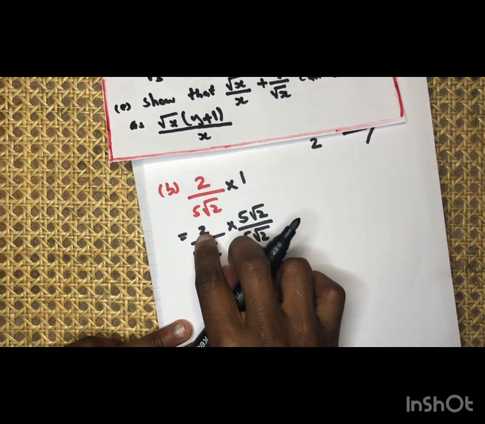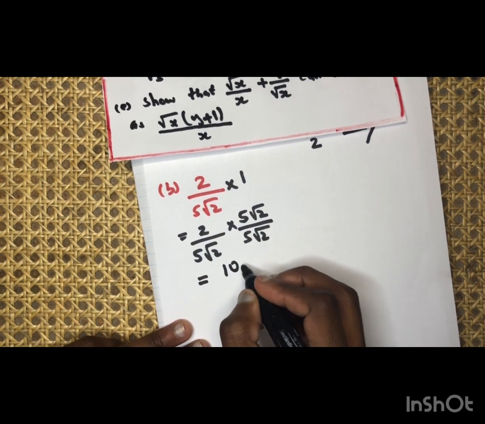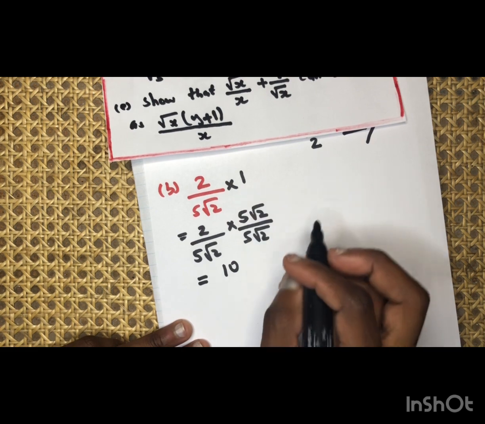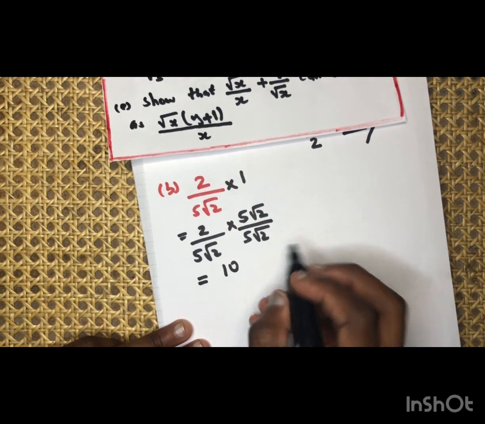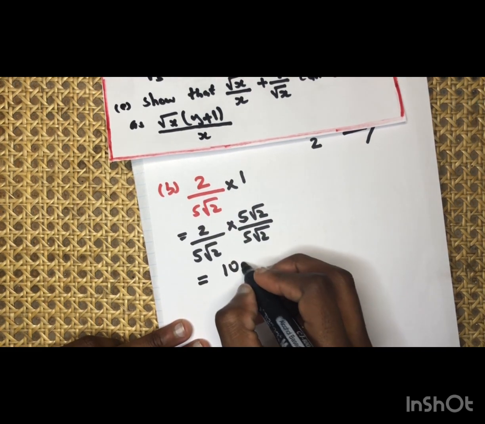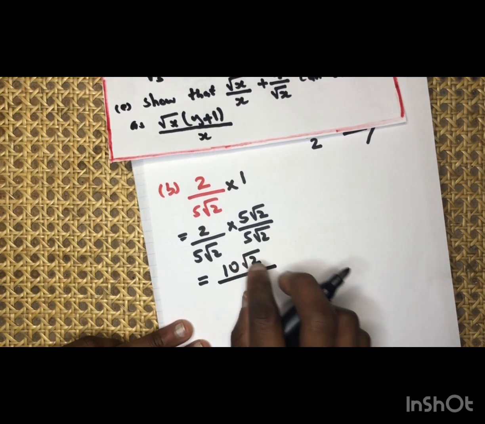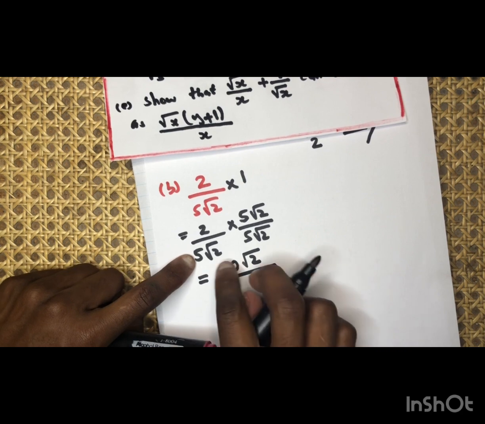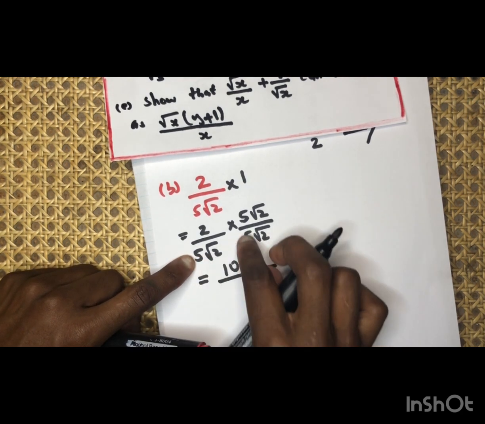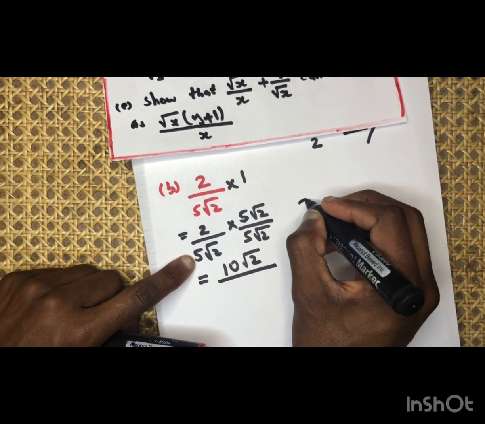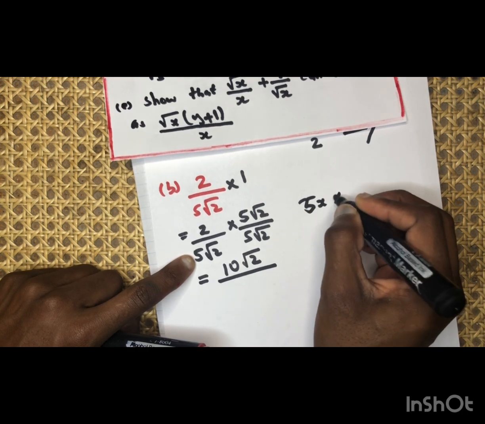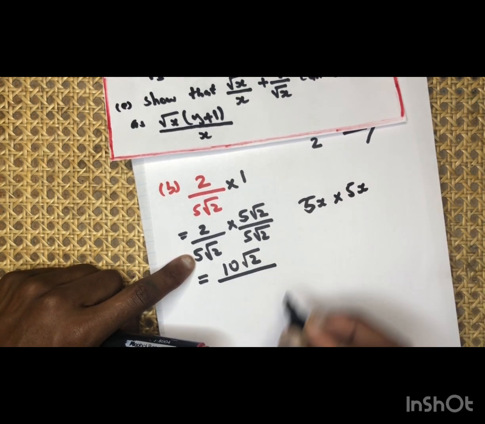Now I'm going to say 2 times 5, then we get 10. Then 10 root 2, because it was 5 root 2. So 2 times 5 root 2, I'm going to get 10 root 2 over, remember here guys, 5 times 5, you're going to multiply the coefficients. Consider this one as 5x times 5x.